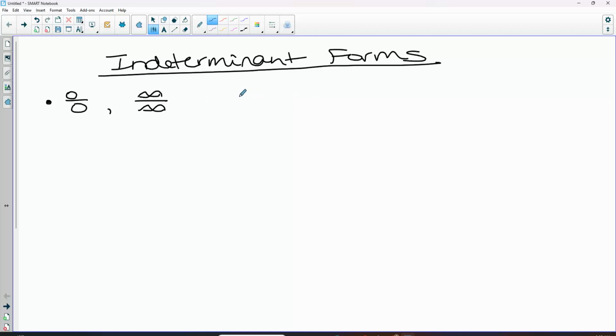Those are the two that we are able to go straight into L'Hopital's. So any of our other indeterminate forms that we encounter, our goal is going to be to try to write them in this form so that we can use L'Hopital's rule.